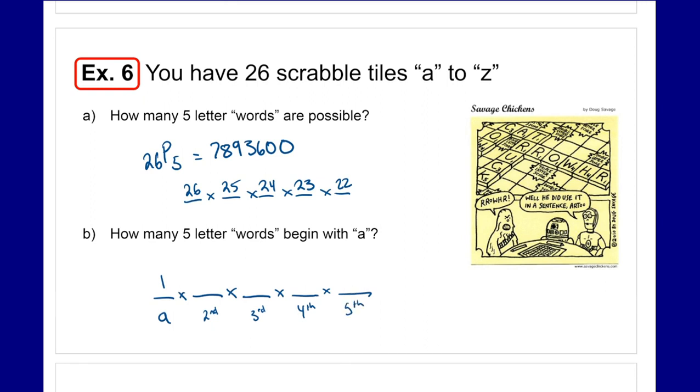So the A gets picked in the beginning. That means there are 25 options, then 24, 23, 22. So you could look at this in a different light as 1 times 25P4, or just 25P4, which is 303,600. So 303,600 possible words.